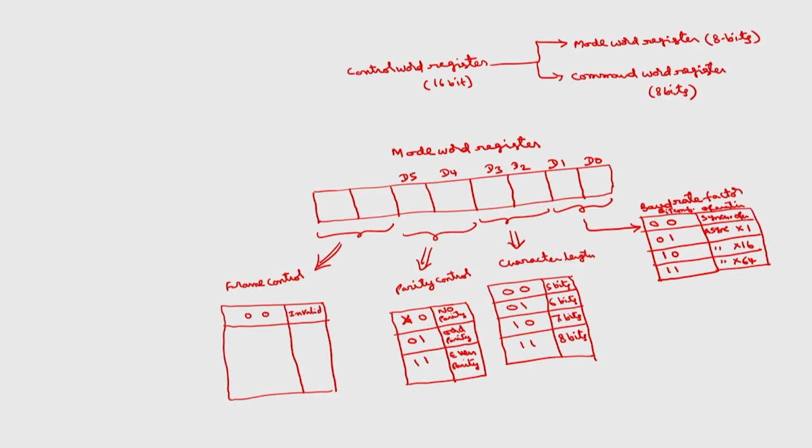In case of synchronous, where stop bits are not required, probably this can use 0 0. 0 1 means one stop bit. 1 0 means 1.5 stop bits, so this is 1.5 periods of the clock. 1 1 is 2 stop bits. In the earlier example, we have taken 2 stop bits.